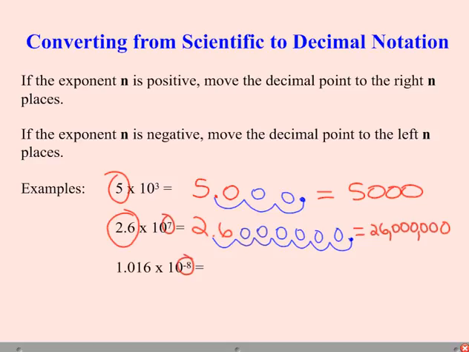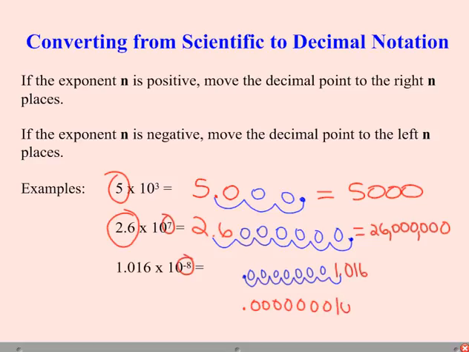So I'm going to start right over here, 1.016, and we're going to move that decimal point 1, 2, 3, 4, 5, 6, 7, 8 places. Put zeros in all these new places. And you can see our new number is a very small number.